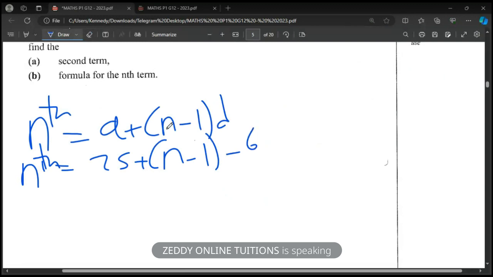The thing that we are not going to include is this one, because we are trying to find the formula that can be used generally anywhere, like simplifying this one. Okay, are you getting the point?